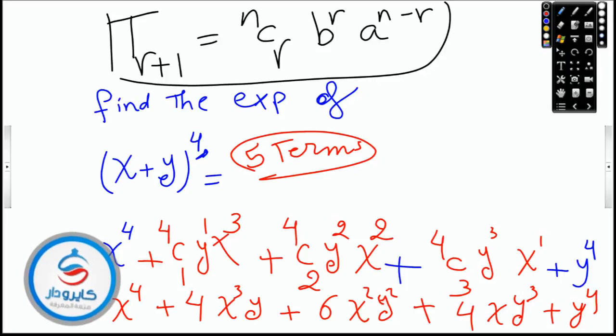Note that x power 4, x power 3, x power 2, x power 1, term free of x. يبقى انا عندي descending power of x والناحيه الثانيه مفيش y، y power 1، y power 2، y power 3، y power 4. This is الاوردر ده نقدر نقراه حاجتين، ده descending power of x or ascending power of y.